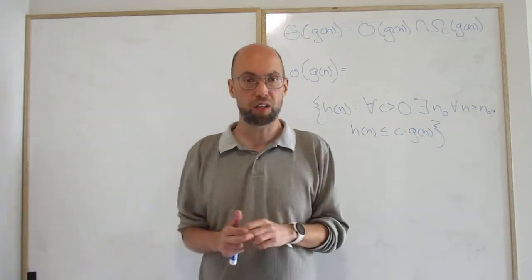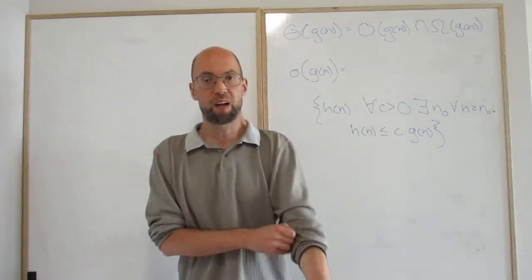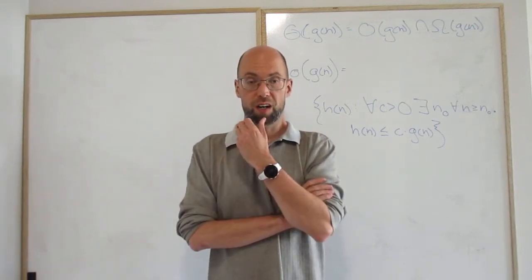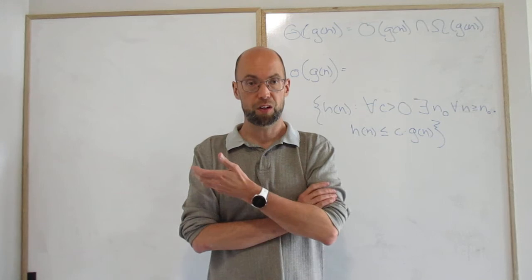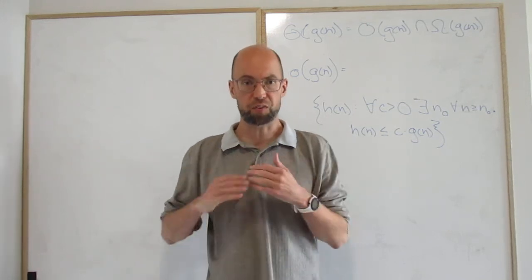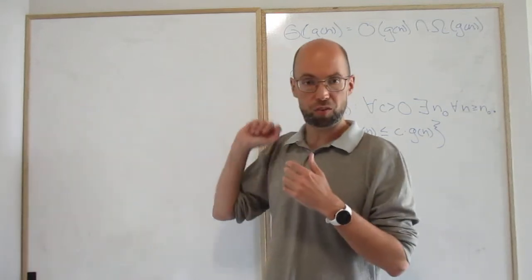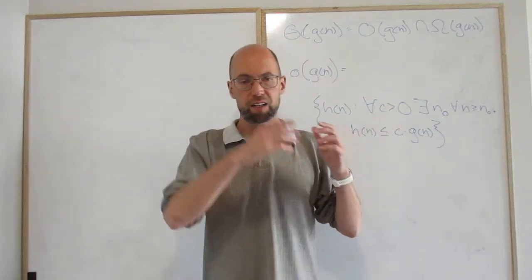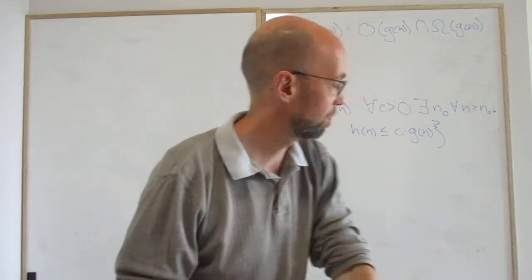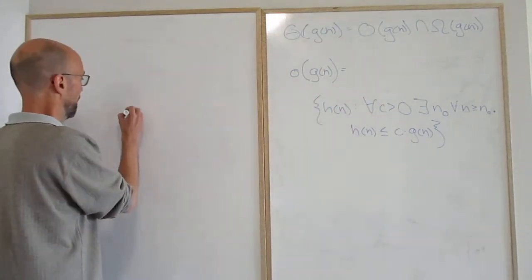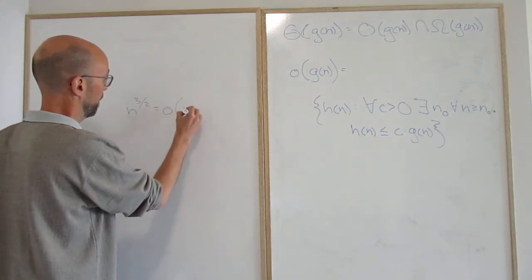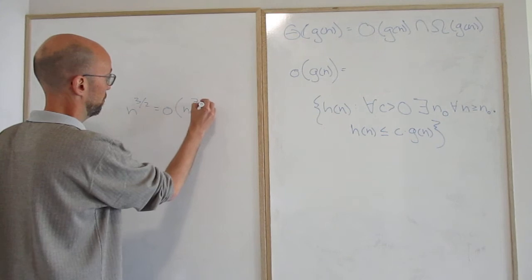So like you say, okay, is there a time when Simon's time is going to be 1/100th of Travis's time? And you say, okay, yes, for sufficiently large n. So saying that n to the 3/2 is in little o of n to the 7/4.